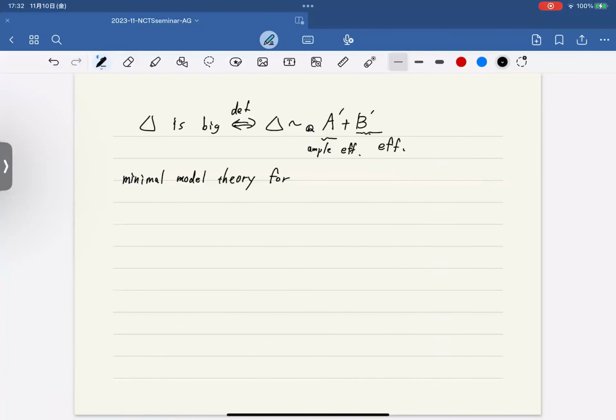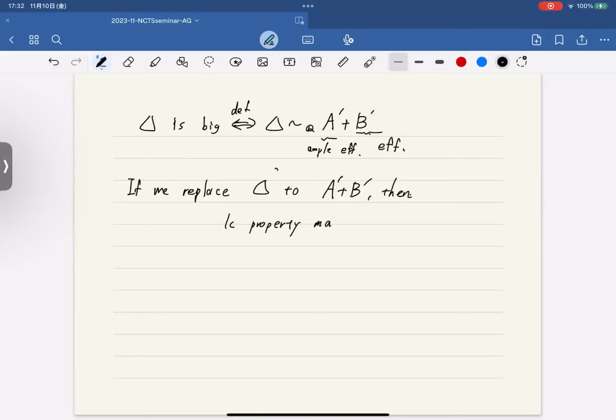So if we replace Δ with A' plus B', then the LC property may break.